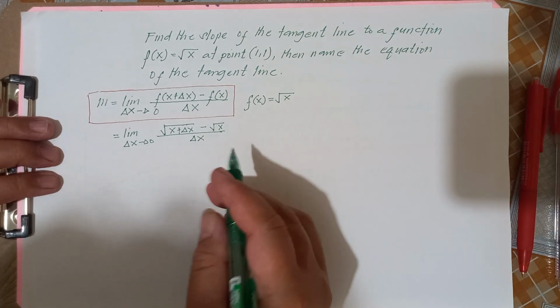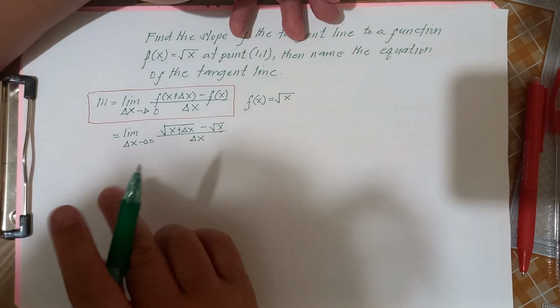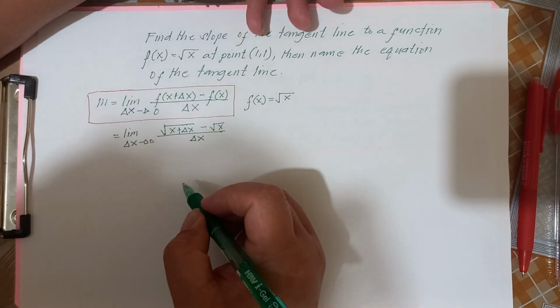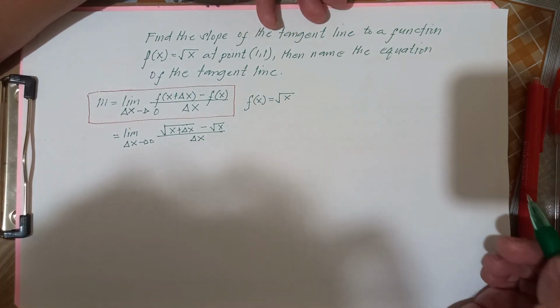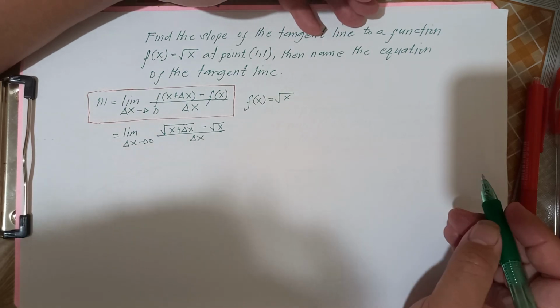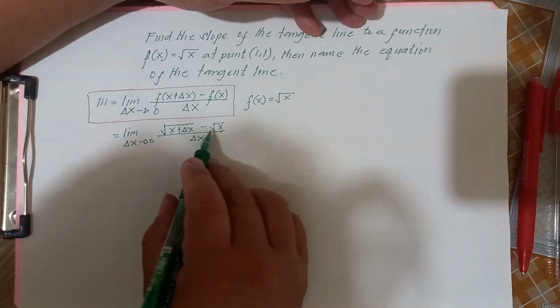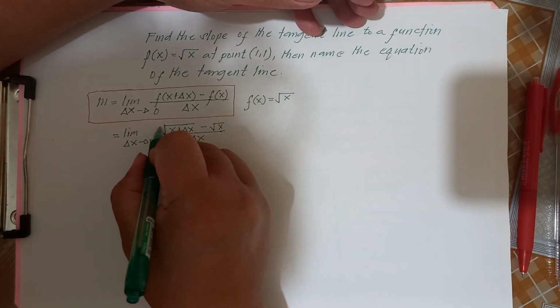But in here we have to do something in order for us to get the limit of the given problem. So what are we going to do? We have to make use of magic 1, or our multiplier is 1, which is defined to be the reciprocal of this one.